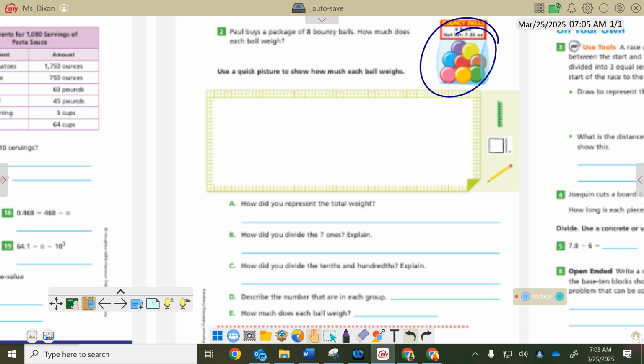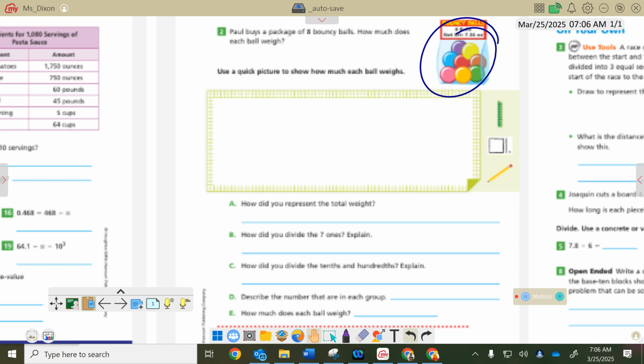Well, we know our whole number is 7, and there are a total of 8 bouncy balls in the package.